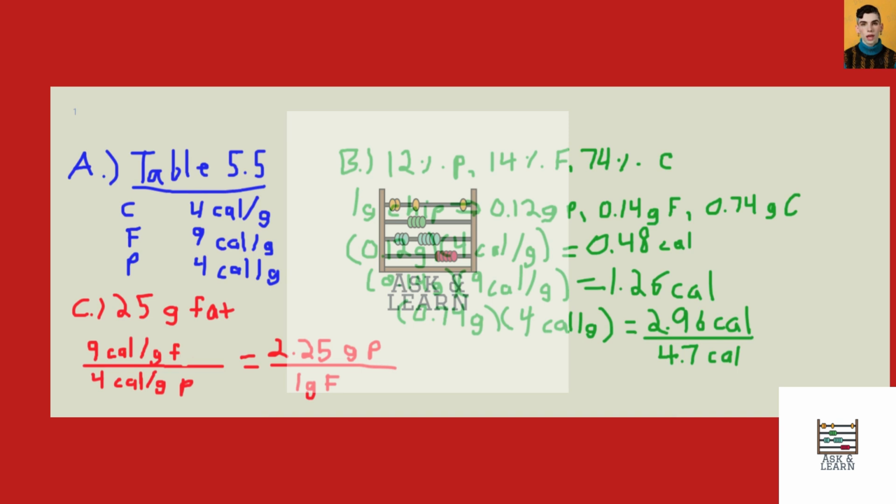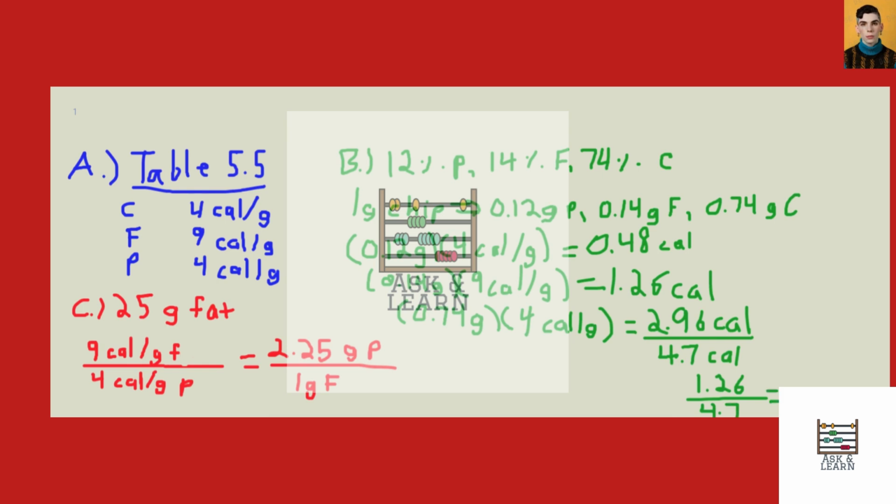So now we have to figure out how much of these calories are from fat. So we're going to take the amount of calories we got from the fat, 1.26, divided by the amount of calories we got from the total.